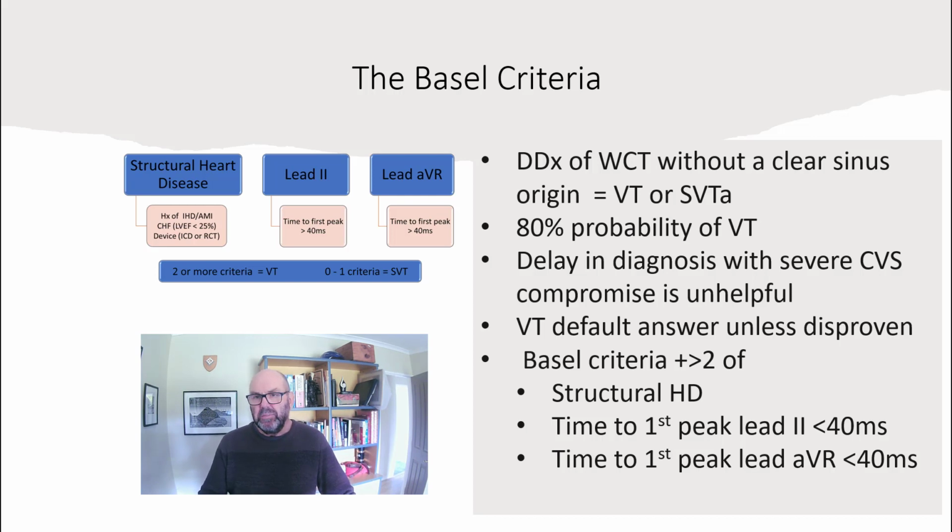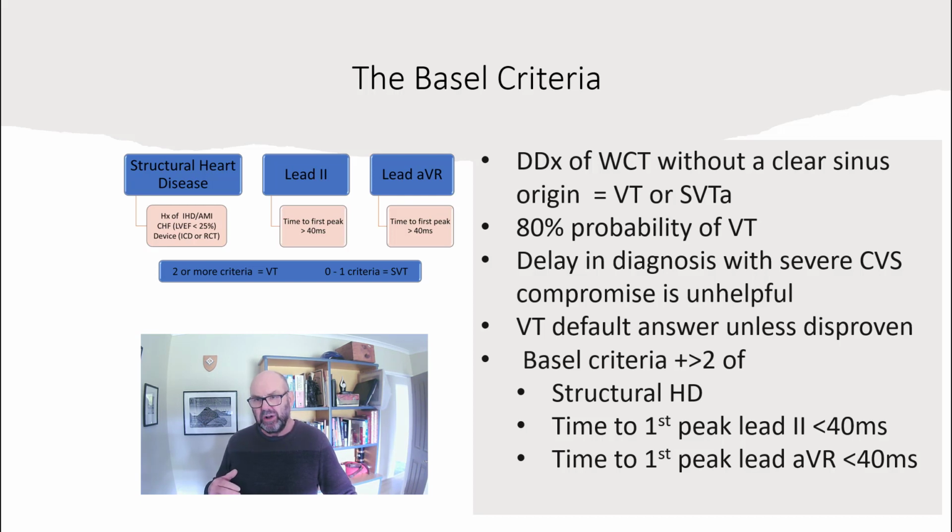No one algorithm has been shown to be universally correct. However, the Basel algorithm has equally high sensitivity, specificity, and diagnostic accuracy when compared with other algorithms. It has the added advantage of being a little easier to remember and having a significantly lower time to get to the interpretation. The Basel criteria requires 2 or more of the following to be true. 1.